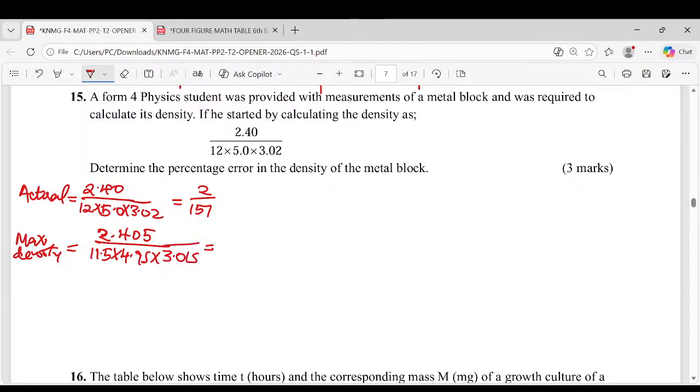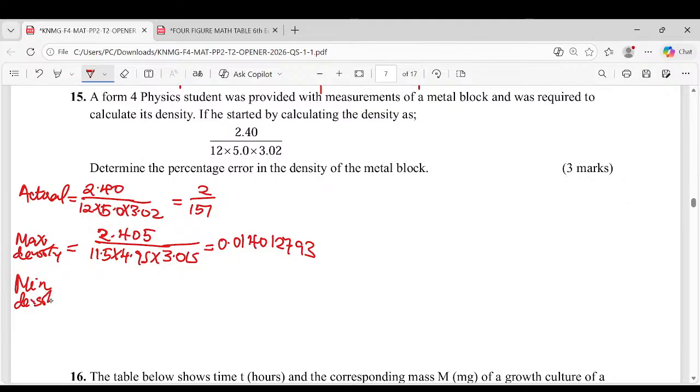Let me do this multiplication, 4.95 times 11.5, then 2.405 divided by the answer. This is something like 0.014012793.